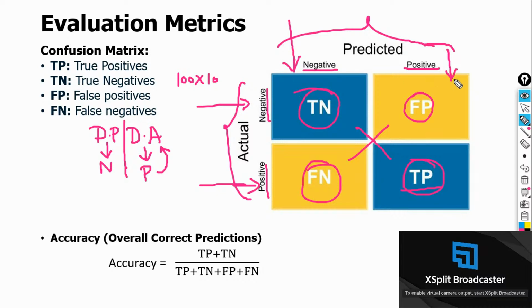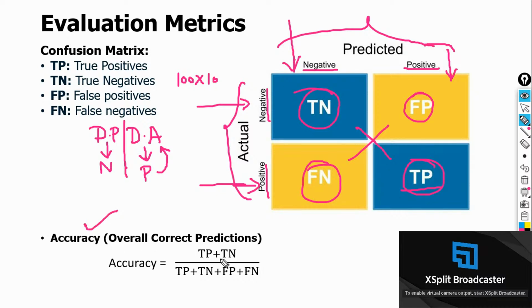So that's how we are supposed to interpret the values of the confusion matrix. Once after interpreting this confusion matrix, you can calculate the accuracy.